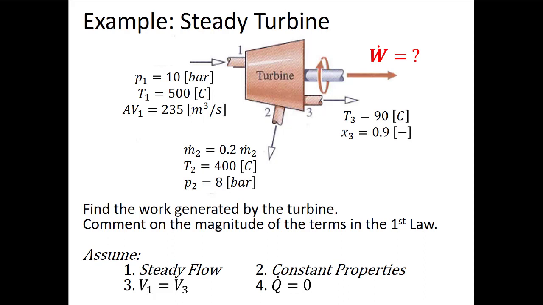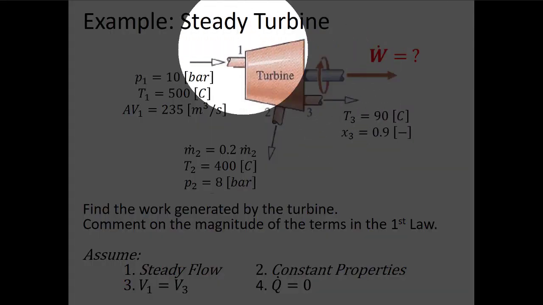And we want to comment on the magnitude of the terms in the first law. So that means we've got to try to make some assumptions about what's going on. Here, the problem tells us to assume steady state flow, to assume that the velocities are approximately equal in 1 and 3, although we found the velocities already. We're going to assume that there are constant properties at each one of these inlets and outlets.